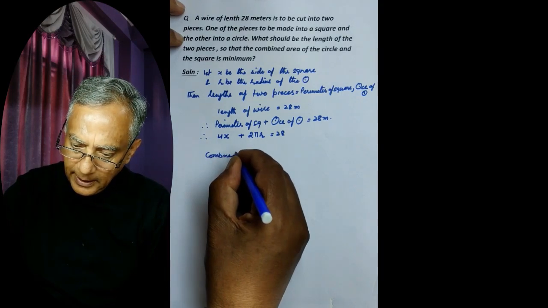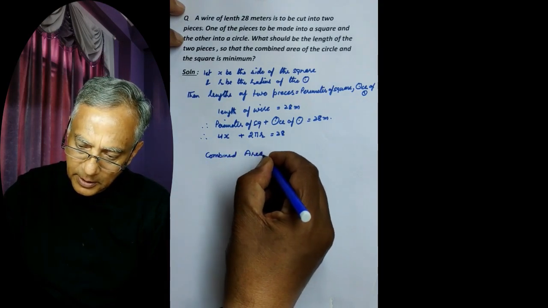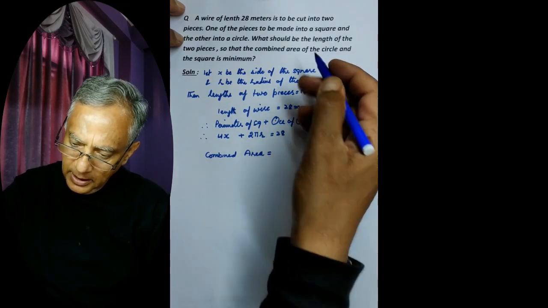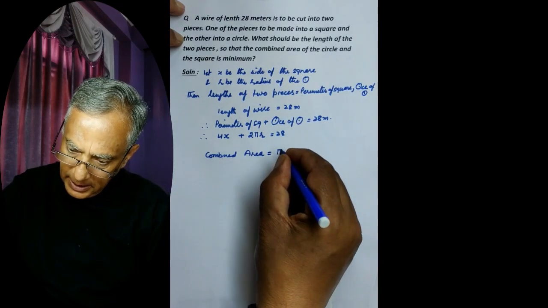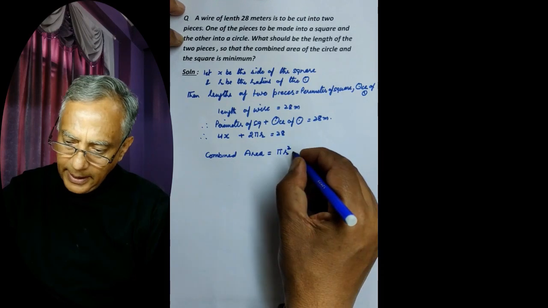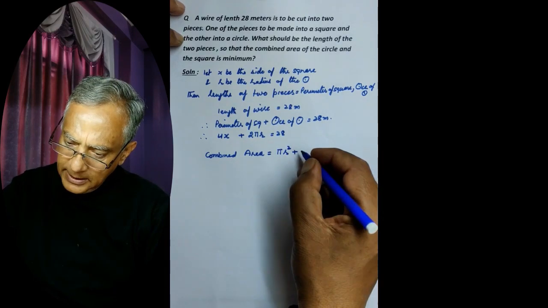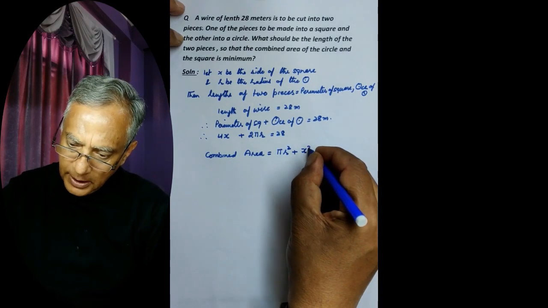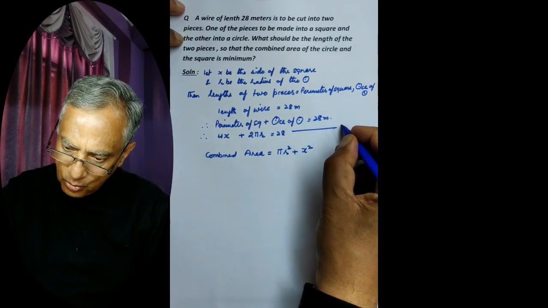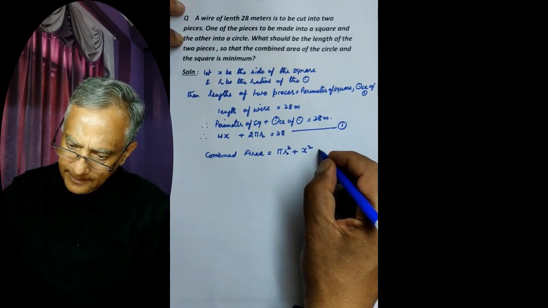Area of circle is pi r square and area of square is x square. Let us call this as 1 and this as 2.